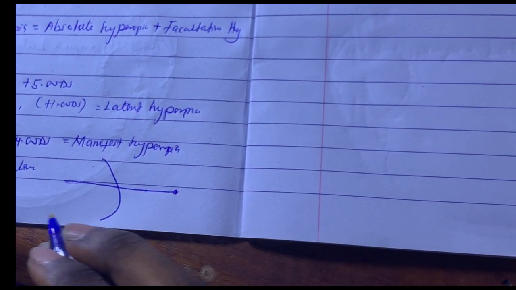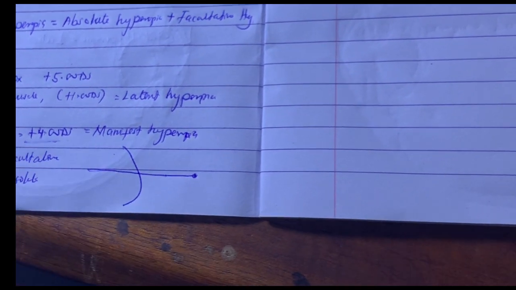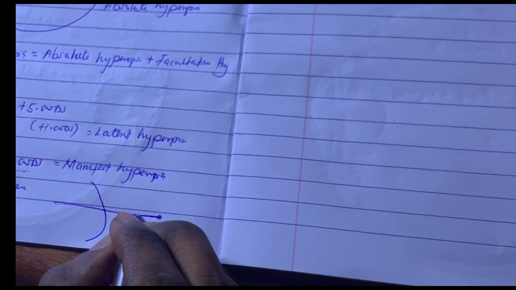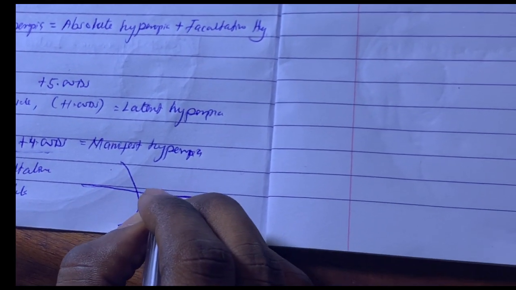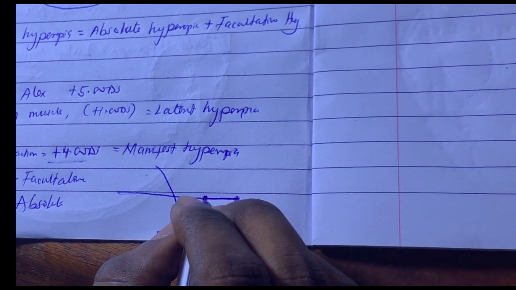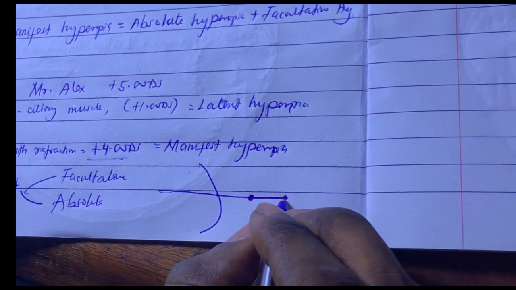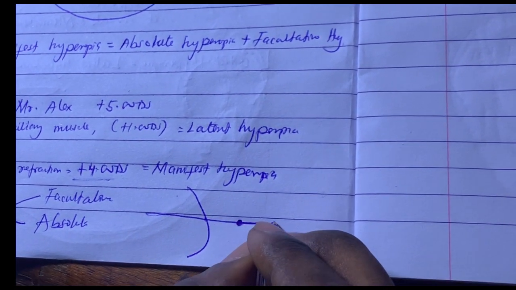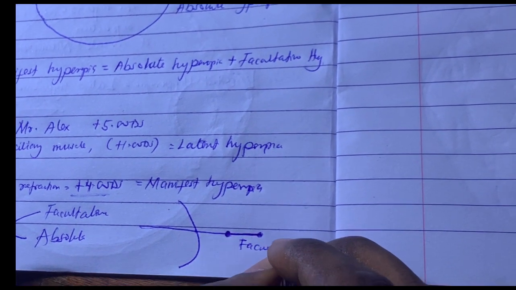Mr. Alex, with accommodation effort, can move the focus closer to the retina, but is not able to bring it onto the retina. The amount corrected by the accommodation effort is called the facultative hyperopia.